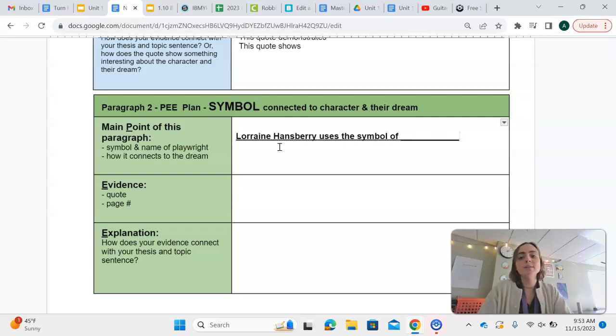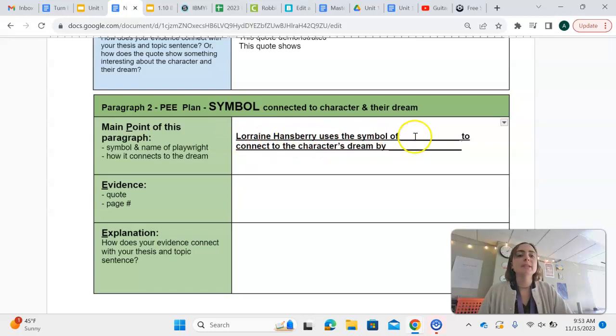What symbol is she using? To connect to the character's dream by showing us something. So you don't have to write these exact words, but we need to include the name of the playwright, Lorraine Hansberry, and we need to say what symbol we are going to be talking about.